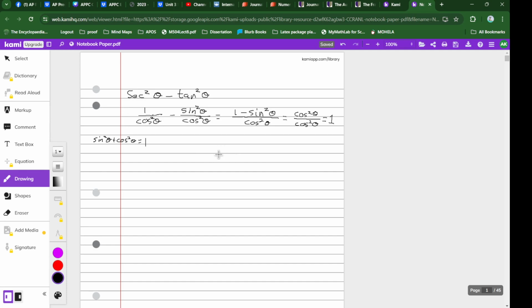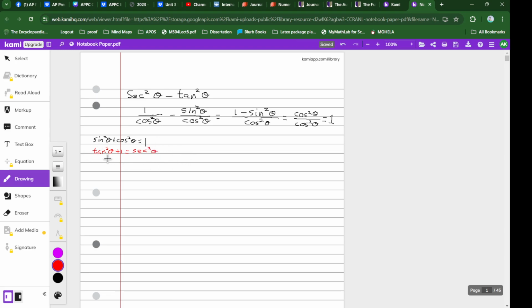There is another way of going about this, using a Pythagorean identity. Because sine squared theta plus cosine squared theta equals 1, tangent squared theta plus 1 is secant squared theta.